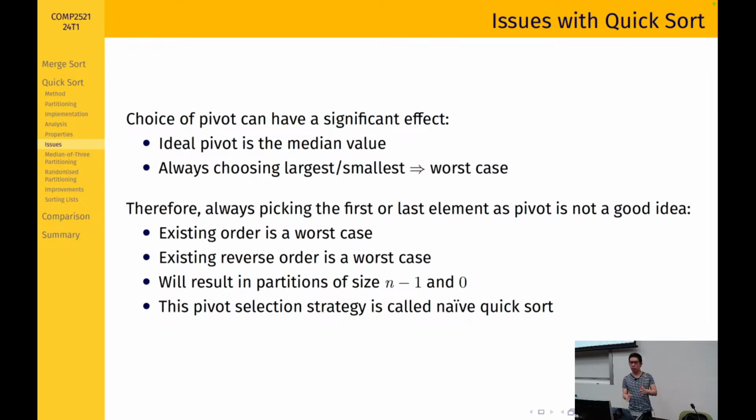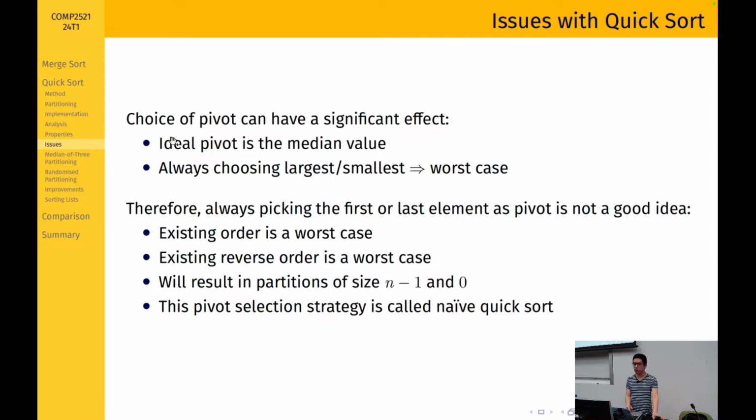Now, there are some issues that we have to talk about with quicksort. The first one is something that we already saw earlier when we looked at some examples of partitioning. If we choose a good pivot, then that pivot is going to end up near the middle of our array, and we're going to have two balanced partitions.